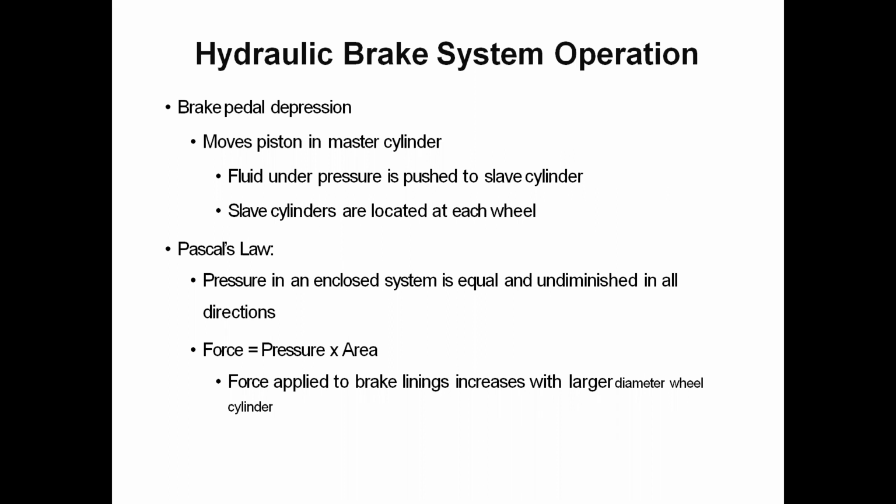Whenever the fluid is passed through the different flow lines or pipelines of the braking system, automatically the brake pads are expanded. So the slave cylinders are located at each wheel of the car.